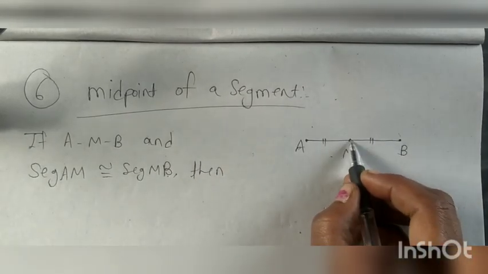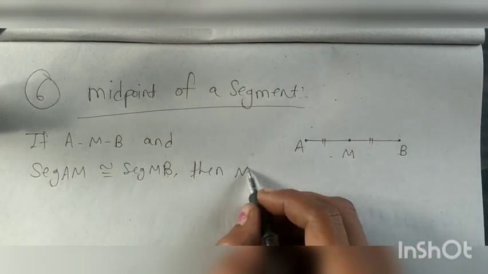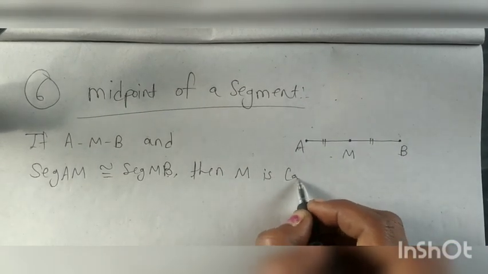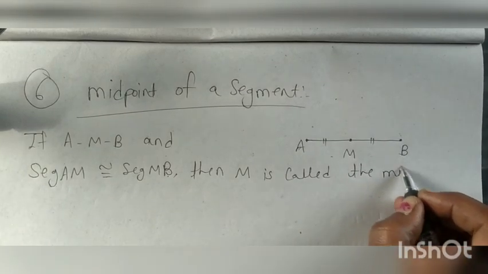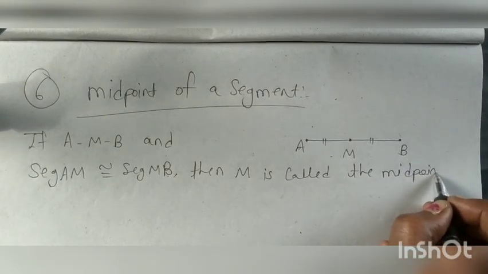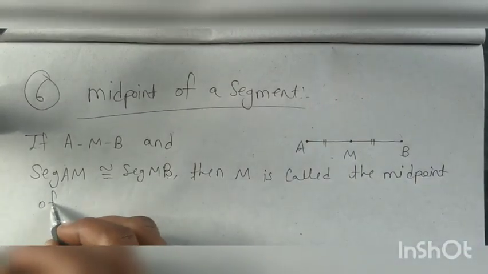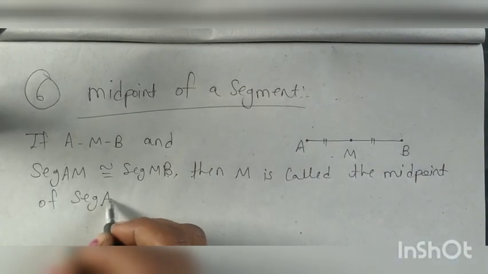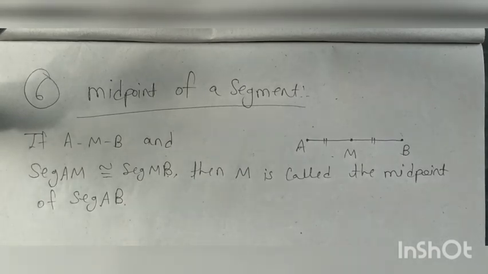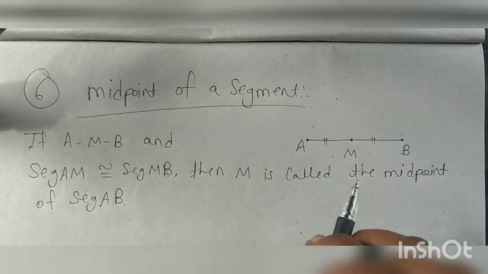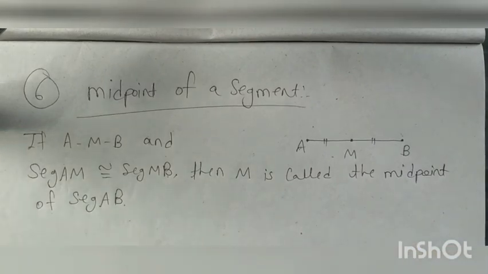Then point M is called the midpoint of segment AB. Note down one thing: every segment has one and only one midpoint.